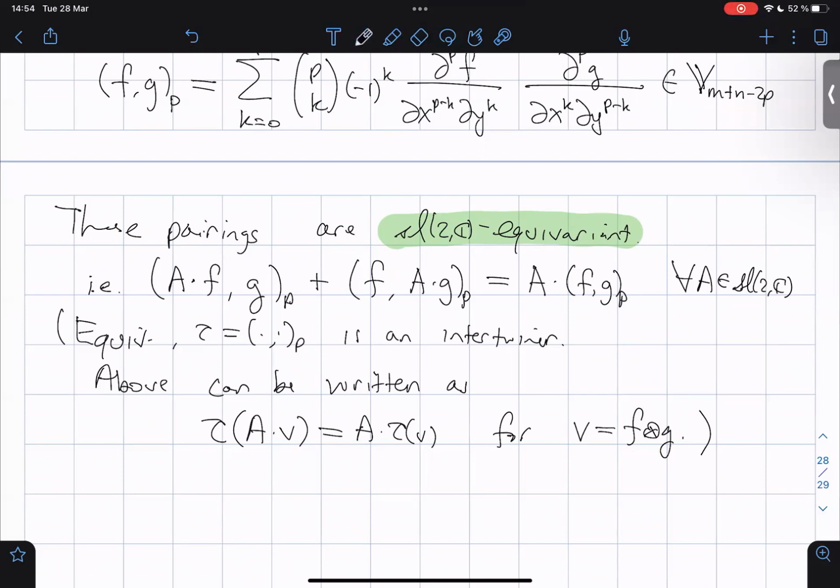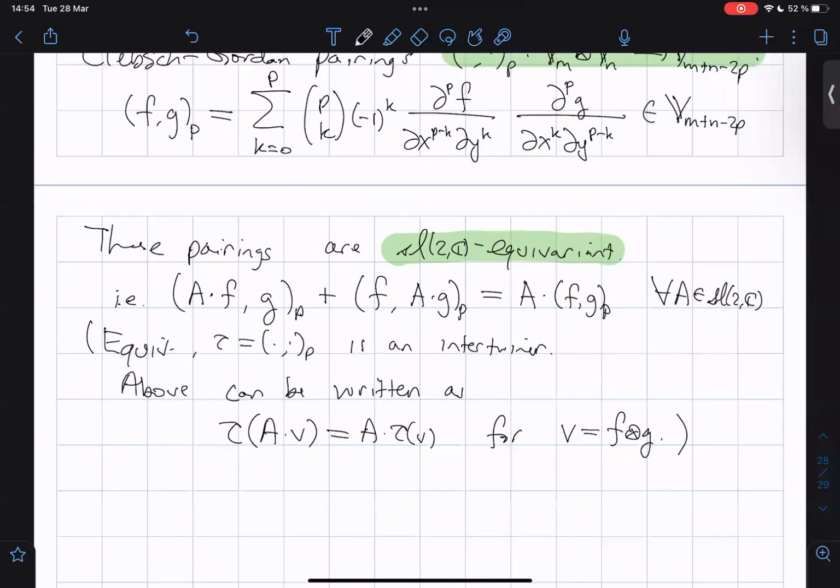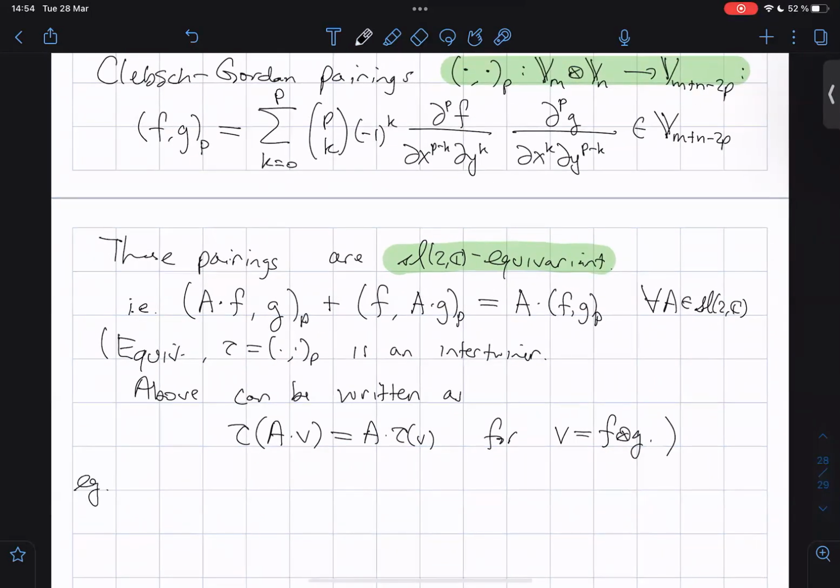So just to underscore this formula, let's go back to the S^2 V_2 case. Let's write out the Clebsch-Gordan pairing. We have V_4 and V_0, so we have two pairings here. For the first, in this case we're not doing any differentiation.